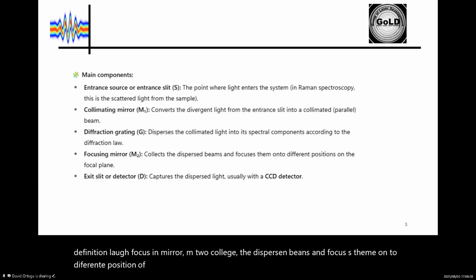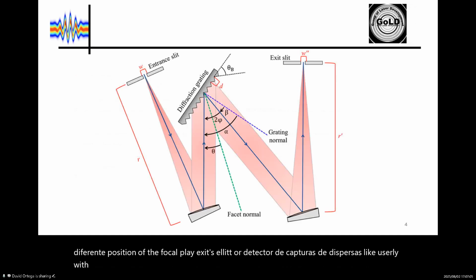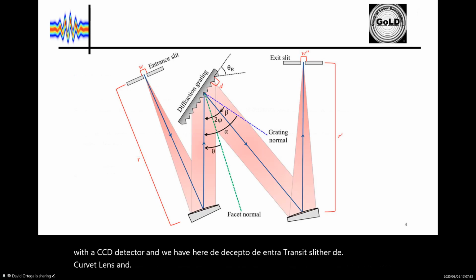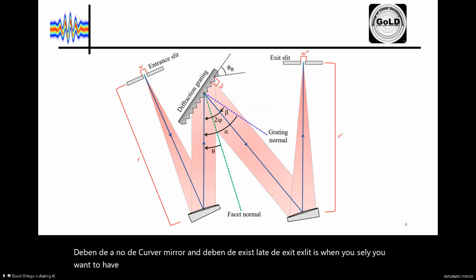The exit slit or detector D captures the dispersed light, usually with a CCD detector. Here we have the setup: the entrance slit, then the curved mirror, then the diffraction grating with some angles like theta and alpha, then the other curved mirror, and then the exit slit, where usually you have your CCD, your charge-coupled device.